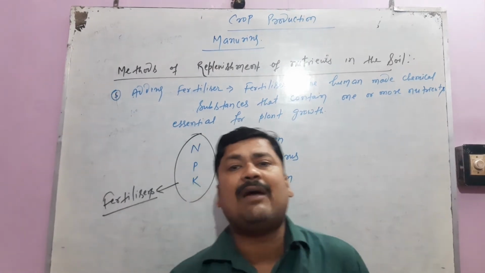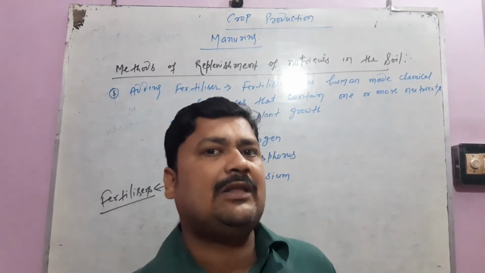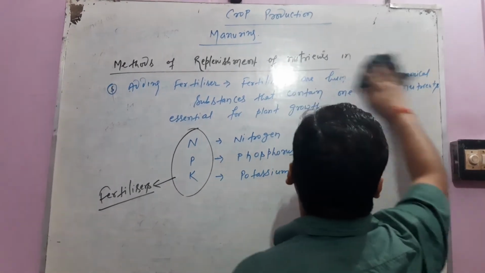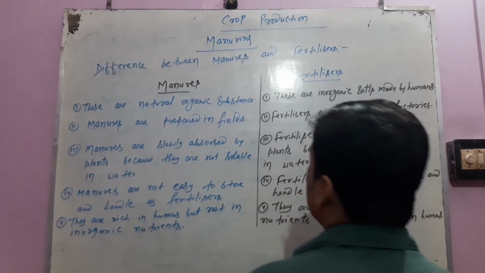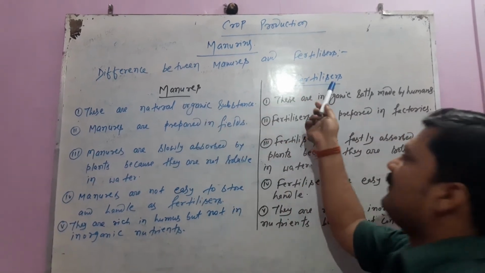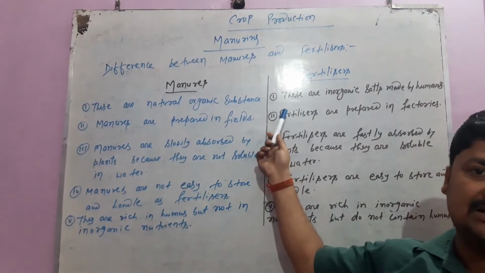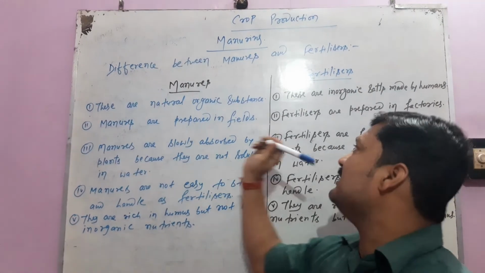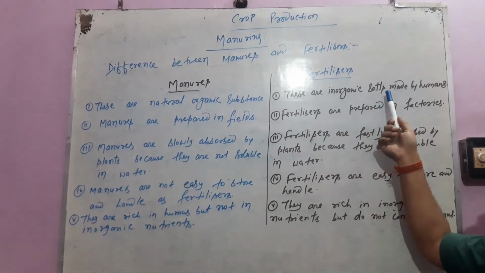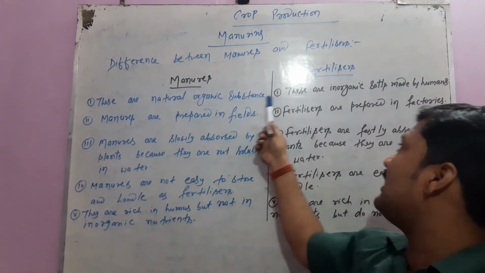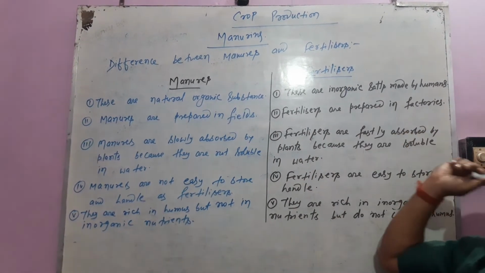Now, one more topic we have to cover in this video, the difference between manure and fertilizer. Manures are natural organic substances that are made by nature, but fertilizers are inorganic salts made by humans.